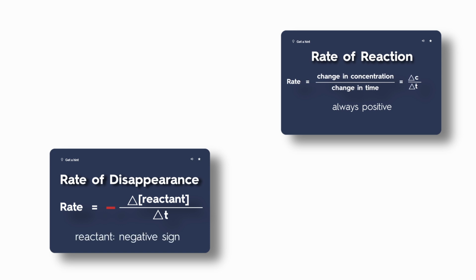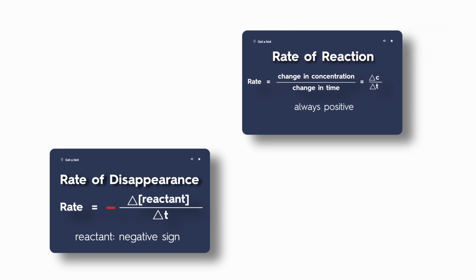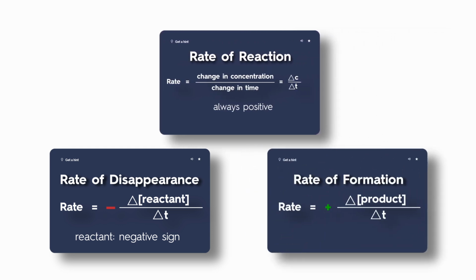But when the rate of a reaction is determined by how much product is formed over time, the rate is called the rate of formation and is already reported as a positive number. Ultimately, whichever approach we employ, we describe the rate as the change in concentration divided by the change in time, and report the answer as a positive number.